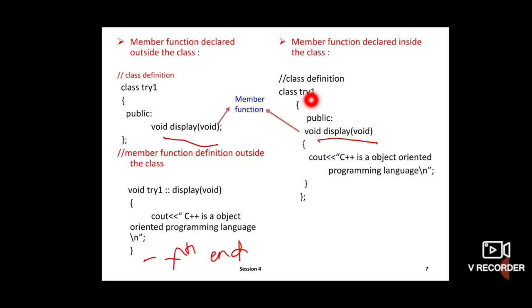And inside, whichever functions you have to write, you write them totally inside the class, and finally end the class. This is the difference between inside and outside the class. And this is the end of this session 4. Thank you.